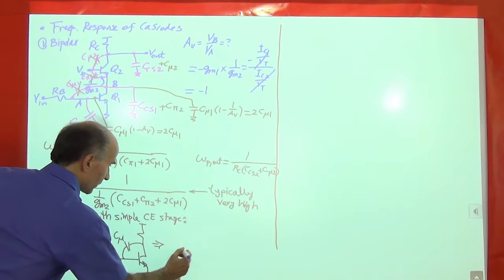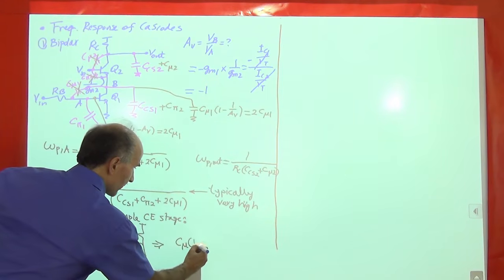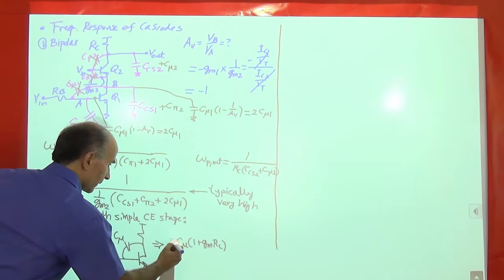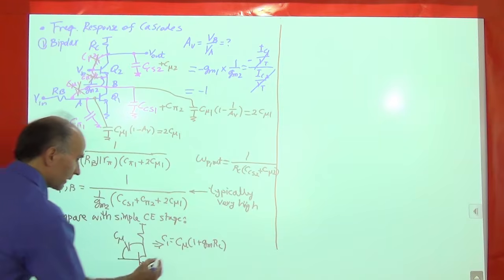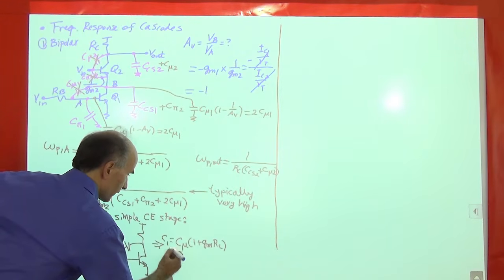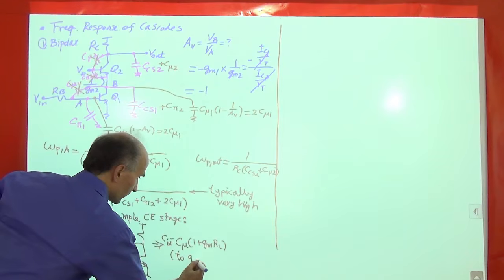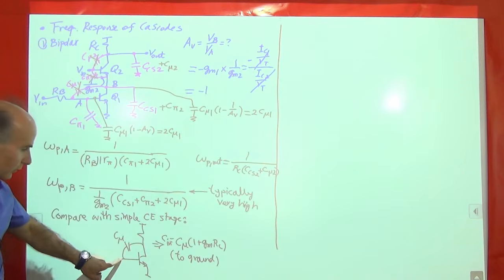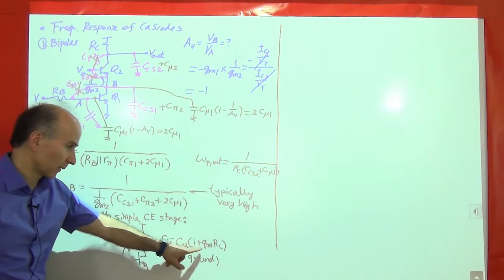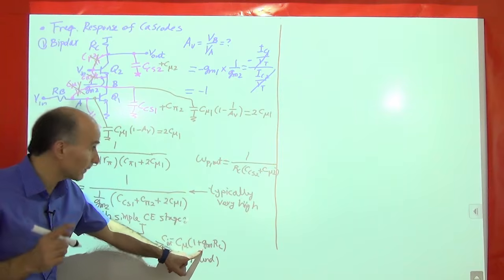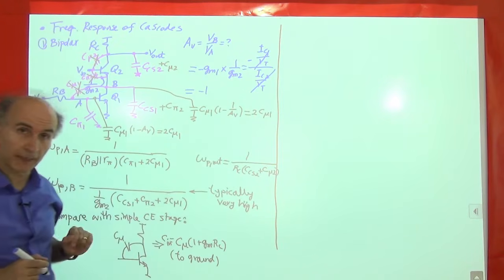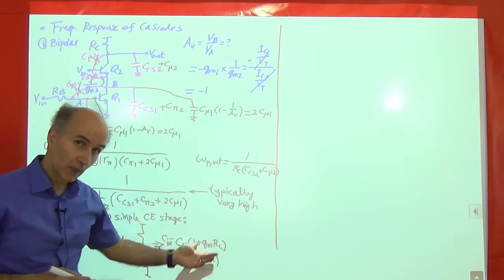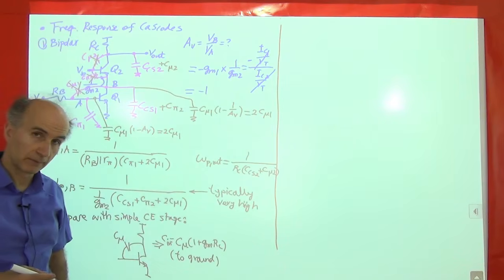So here we have C mu times 1 plus GMRC as, call it C in, to ground. So when I decompose this capacitor into two, the one at the input is C mu times 1 plus GMRC. So compare this number with this number, right? So if the gain of the circuit is 10, here we are multiplying C mu by a factor of 11, whereas here we are multiplying it by a factor of 2.